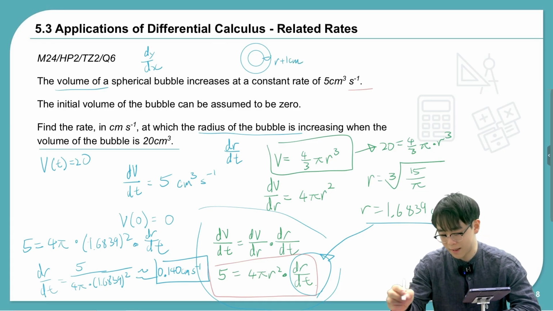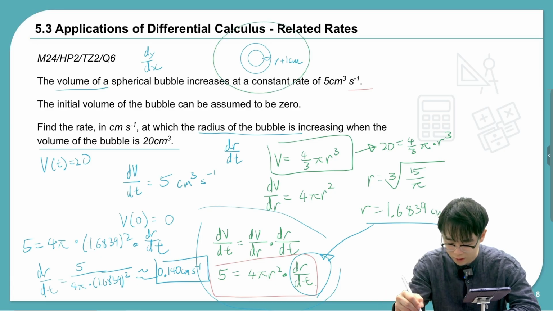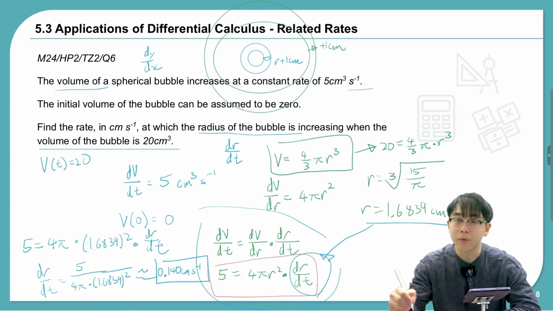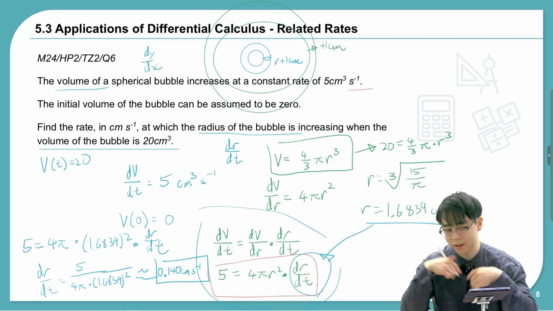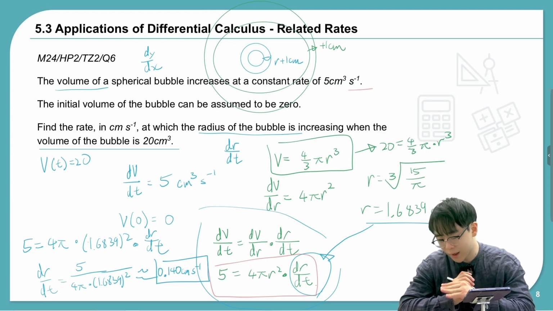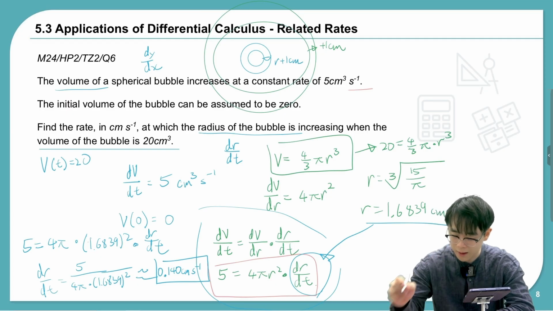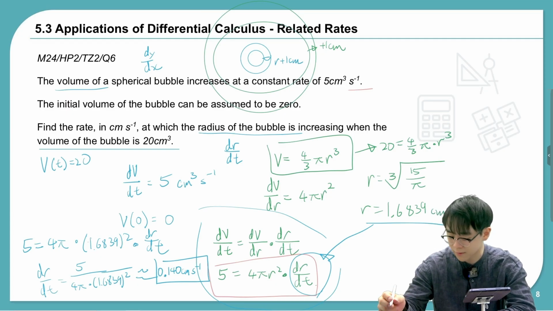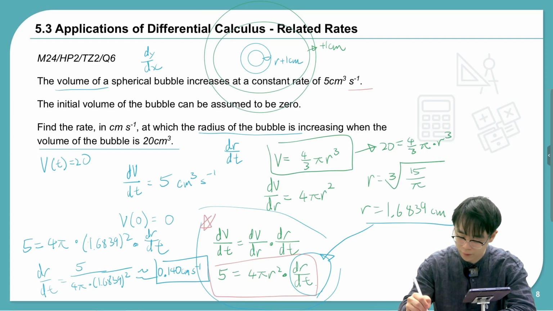The time taken to grow by 1 centimeter is not the same when the sphere gets larger. To grow this radius by another 1 centimeter, we would need a much greater volume. So that's why the rate of growth of the radius over time changes, and we can't just use constant values. We would have to use this related rates formula.